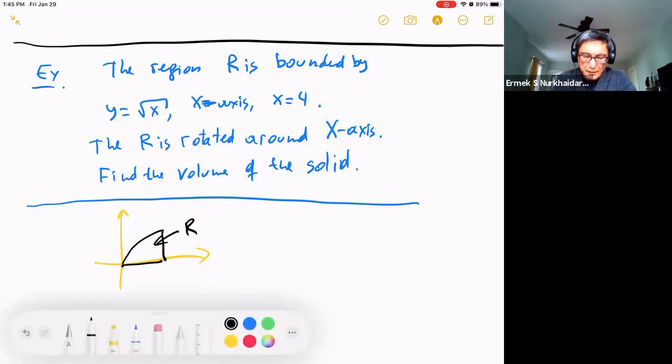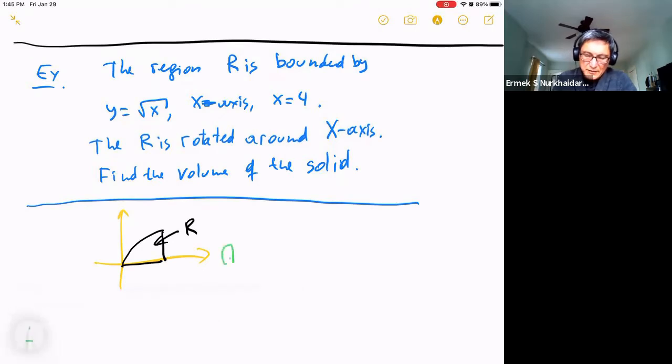Now what we do with it, we're going to rotate it around the x-axis. So we rotate the region. If I rotate, I'm going to see its symmetrical image on the other side of the x-axis.